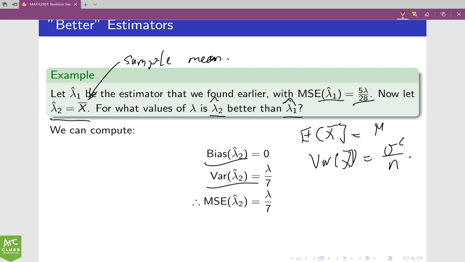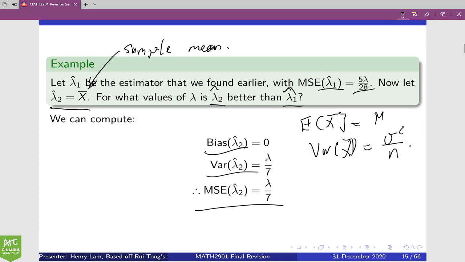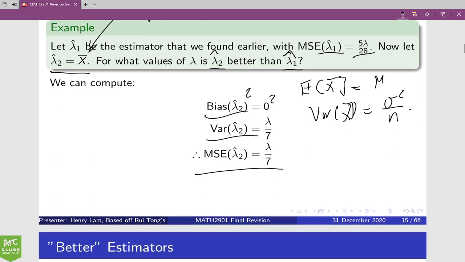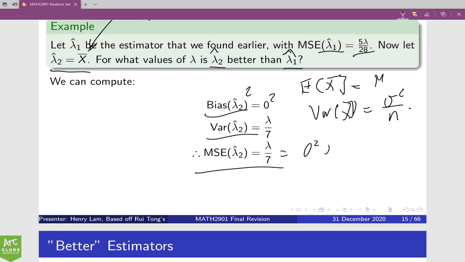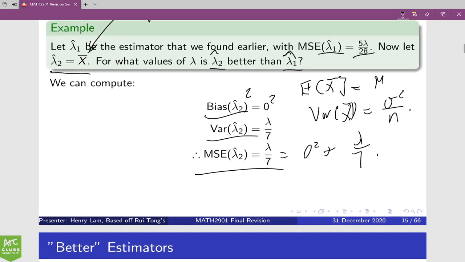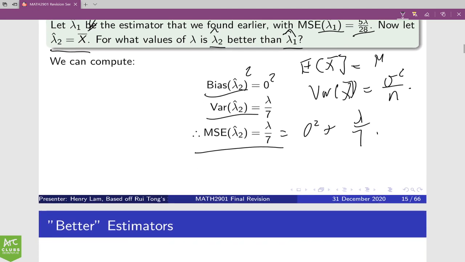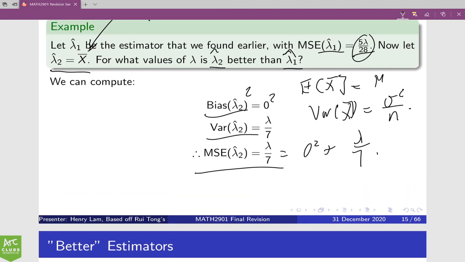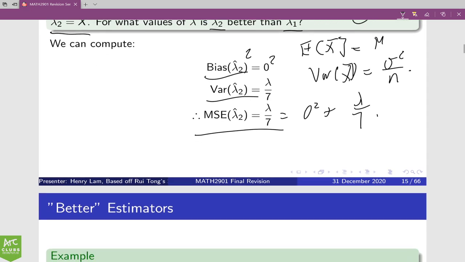And so you have these 2 values, hence you can find the mean square error, because you just square the bias term. 0 squared is 0. So let's just write out 0 squared plus lambda over 7. So we know the mean square error of our second estimator and our first one as well.